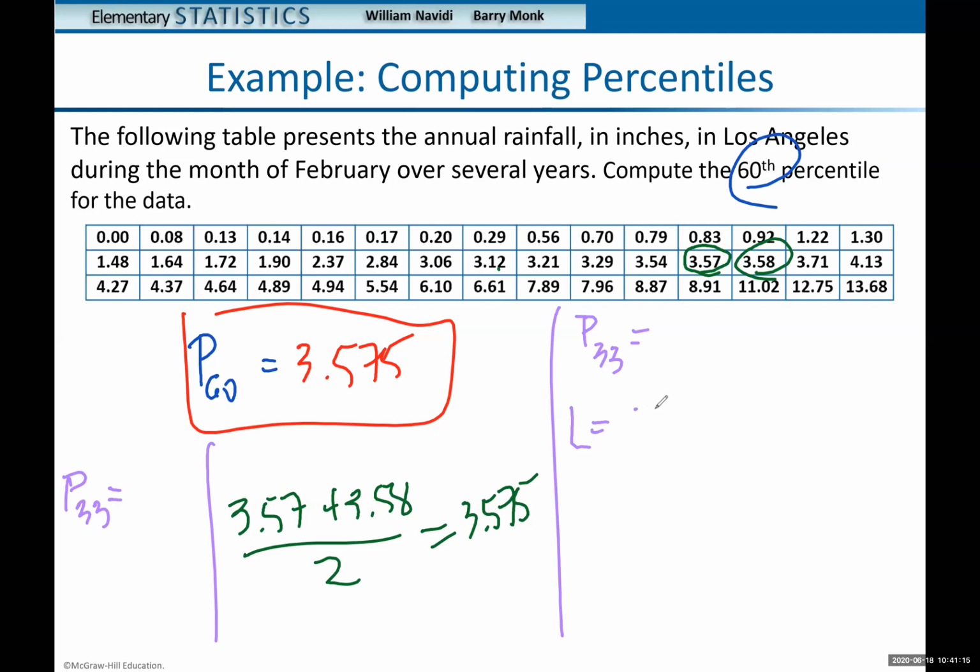That is 33 over 100 times the total N, which is 45. So 33 over 100 times 45 is 14.85. It's not a whole number, so you just have to round it up. So that is going to be 15. Based on the numbers here, what's the 15th number? The first row is 1 up to 15, so the answer is 1.30.